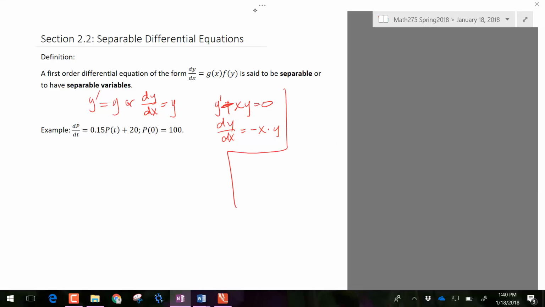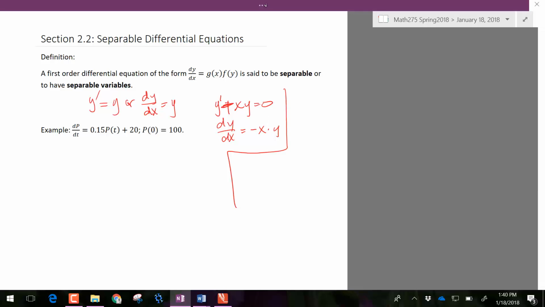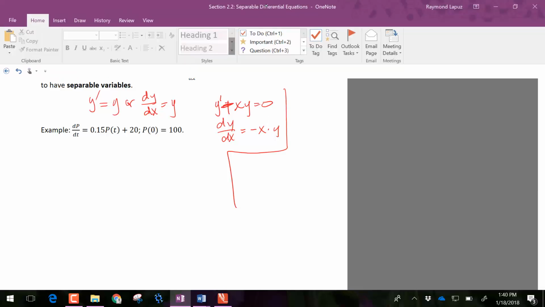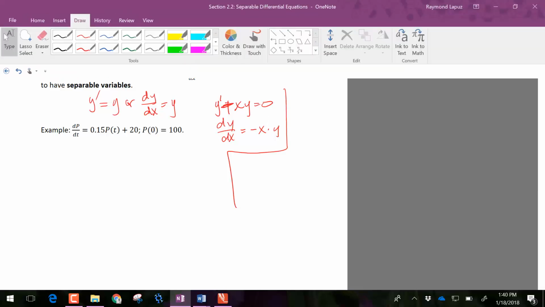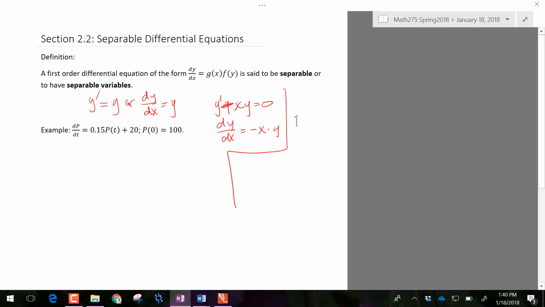And just to give you an example of something that's not separable, in terms of trying to factor things out, you cannot separate these things.